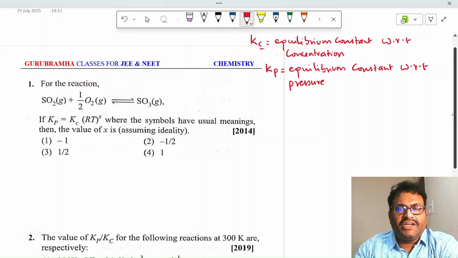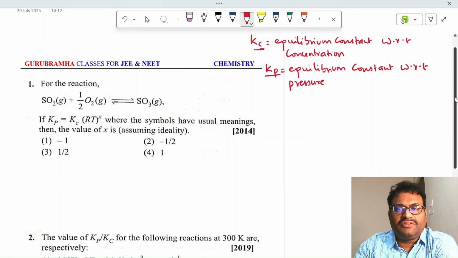So when do we measure pressure? When the reactant or product is in a gaseous form, then we take the pressure of that gas into consideration. So Kp means equilibrium constant with respect to pressure. Kc means equilibrium constant with respect to concentration.